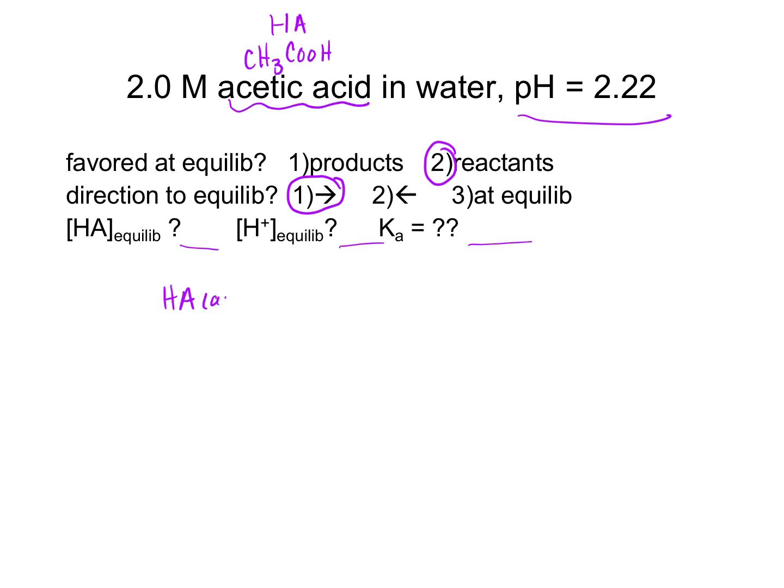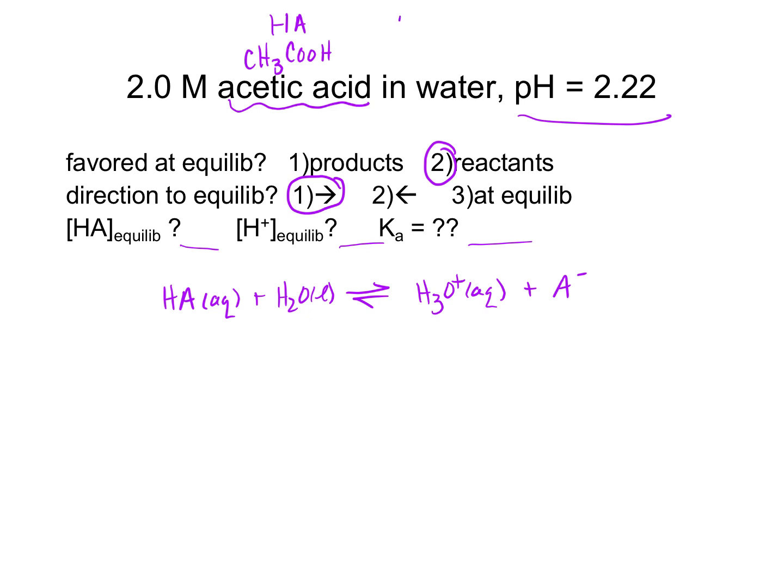So HA aqueous plus water is in equilibrium because it is not a strong acid. It does not get a first down arrow. With H3O plus aqueous plus A minus.